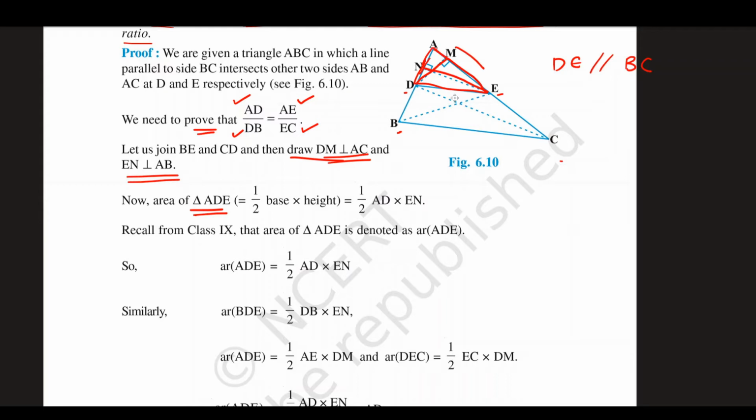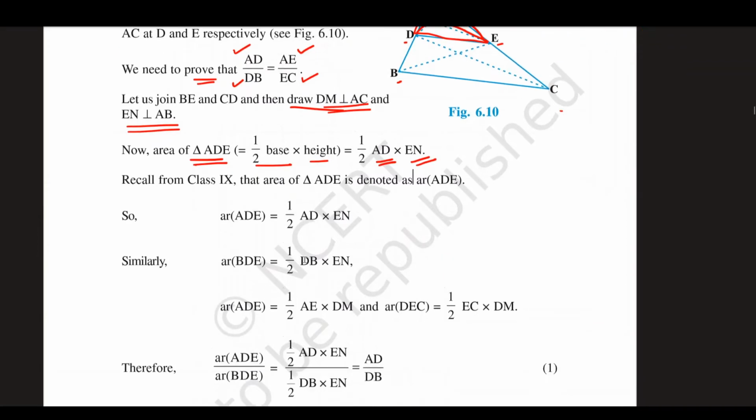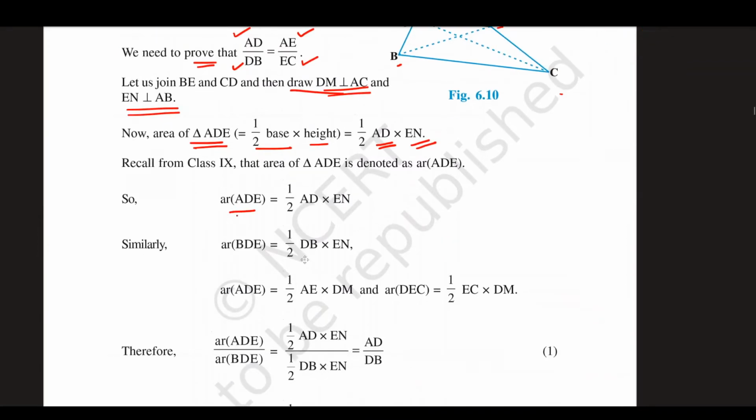Area will be half into base into height. Here the base is AD and we have made a perpendicular, so its length is EN. So the area of ADE is half into AD into EN.